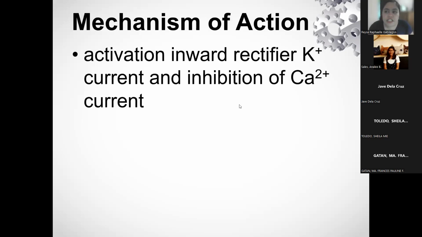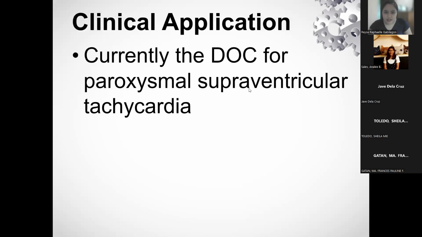So mahirap natin siyang i-classify doon sa mga classes natin. So remember, these two ions are involved in the action potential, sa ating impulse. Kapag yung activity ng drug is on this one, most likely we can classify them as an antiarrhythmic agent. And please take note, currently, this is our drug of choice.